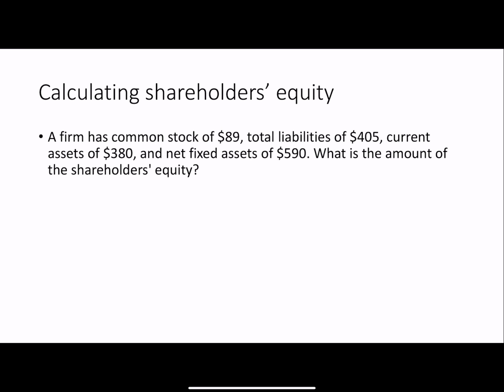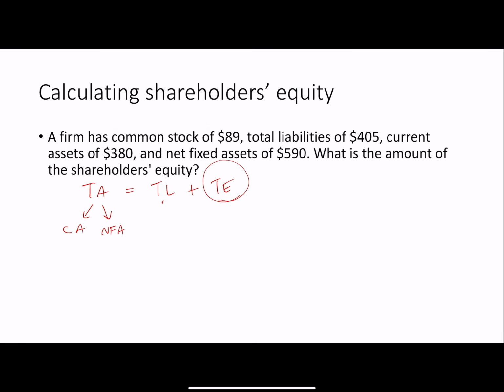All right, well, the first thing you want to remember is the balance sheet identity, which says total assets is equal to total liabilities plus total equity. So what we're looking for is this total equity. But let's also remember that assets can be broken down into current assets and net fixed assets.